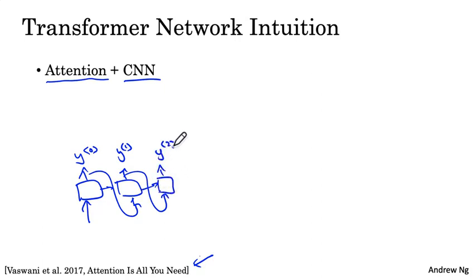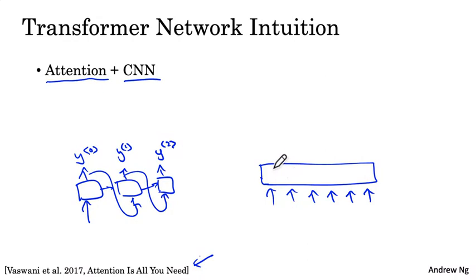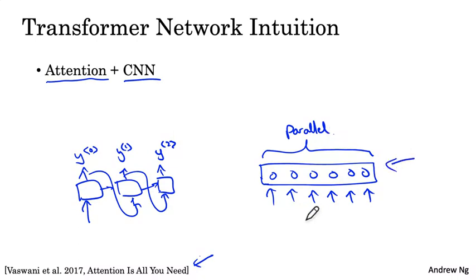This is a very sequential way of processing tokens, and you might contrast this with a CNN or ConvNet that can take as input a lot of pixels, or maybe a lot of words, and can compute representations for them in parallel. So what you see in the attention network is a way of computing very rich, very useful representations of words, but with something more akin to this CNN style of parallel processing.